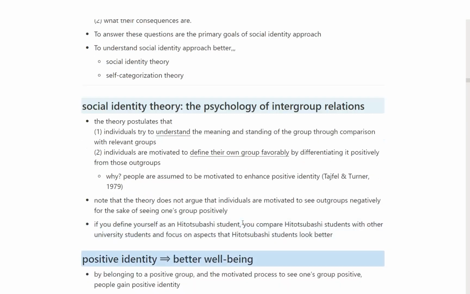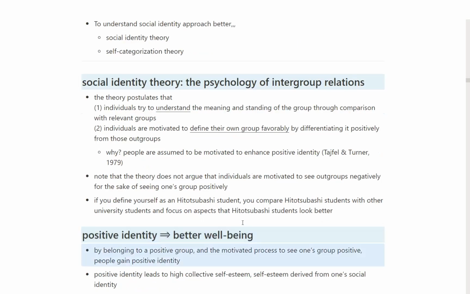Okay, next. I said that social identity theory postulates that people try to see their group positively, and through this, they try to gain positive identity. And what the textbook argues is that gaining a positive identity leads to better well-being. So by belonging to a positive group, and through a motivated process of seeing one's group positively, people gain positive identity.